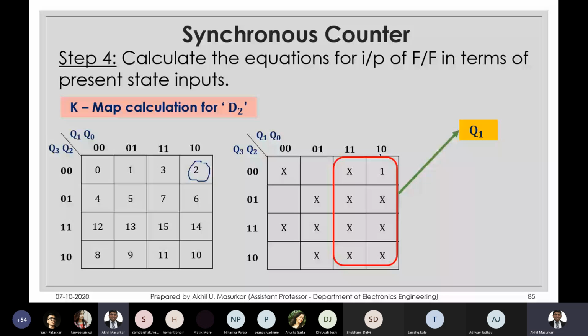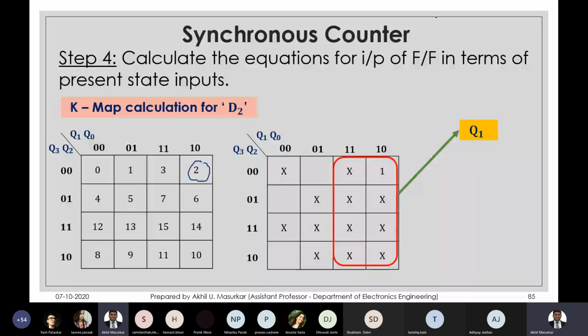Please copy this fast, because these K-maps are really very simple. Hemant, Omkar, all can go ahead and tell me what is the value of D1 and D0. Now this, I don't know why, but this ring counter question is asked every time in the exam.